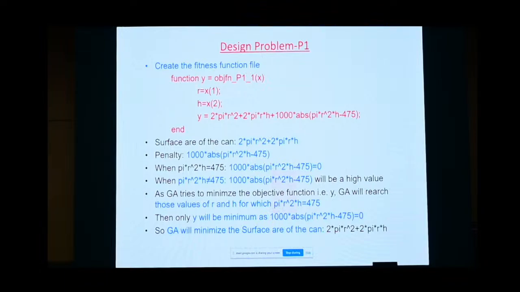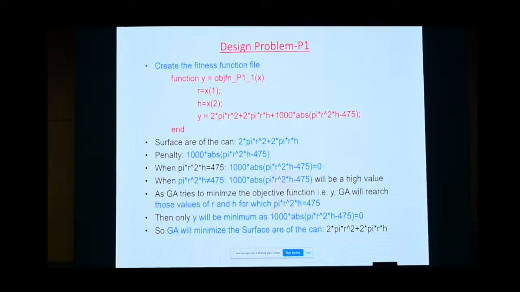Whenever pi r square h minus 475 is not equal to 0, we will get some value, and you are multiplying that by 1000, so we will get a high value. Because GA by default minimizes, I have expressed it this way. The first part is the surface area of the can, and the penalty part is the second part, 1000 into the absolute value of volume minus 475.